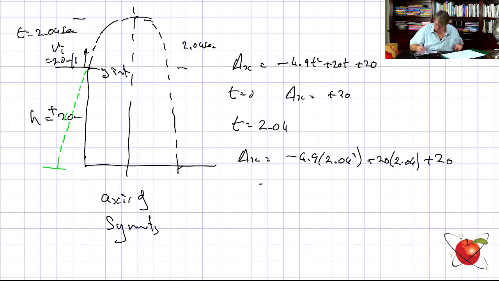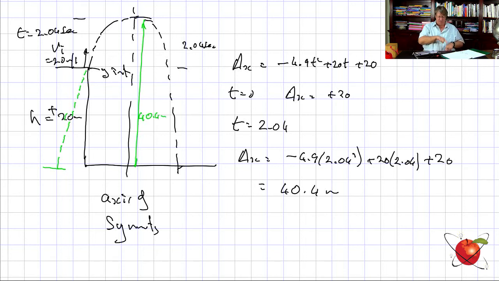And the answer comes to be 40.4 meters. Why? Where's that? Well, it's here. Because originally when we threw it up, we were 20.4, remember? Now all I've done is I've lifted the whole starting position up. That's all we've done, okay?